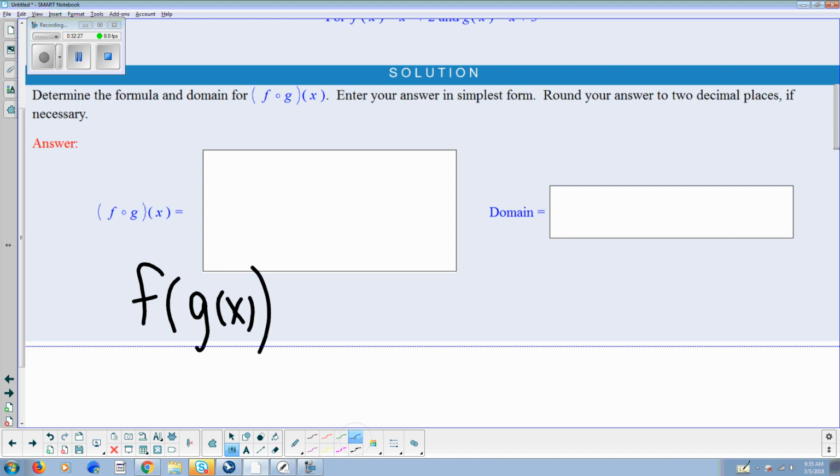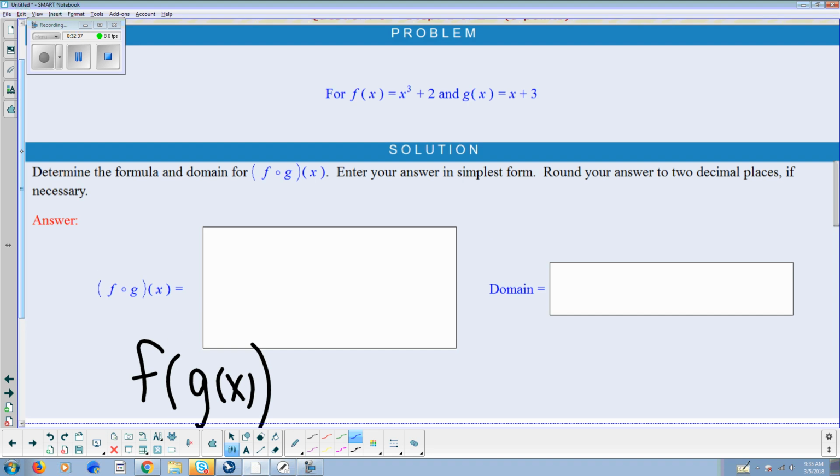So if my f function is x cubed plus 2 and my g function is x plus 3, I want you to see from this that the g function is going to go inside of the f function. F dot g means f of g. So here's how that looks.